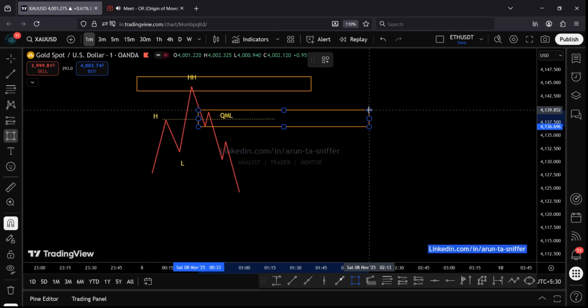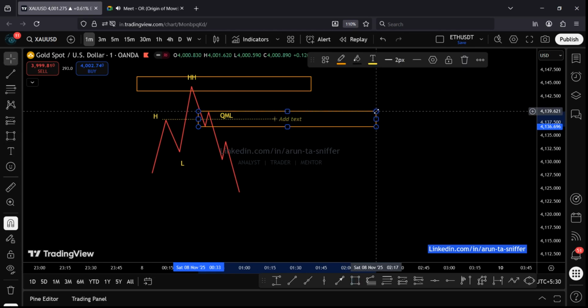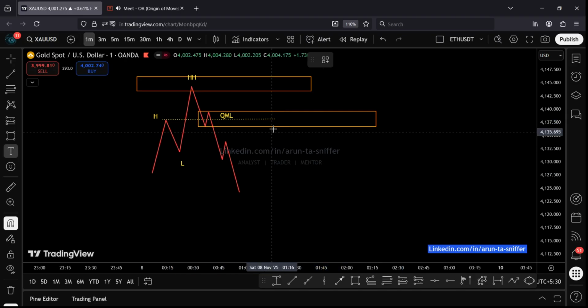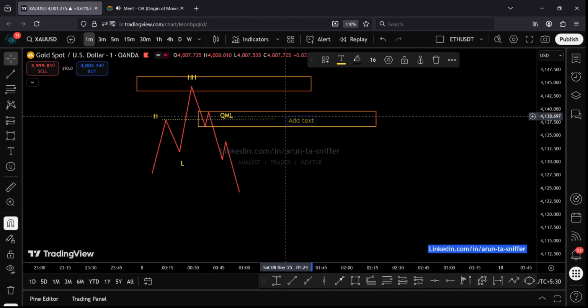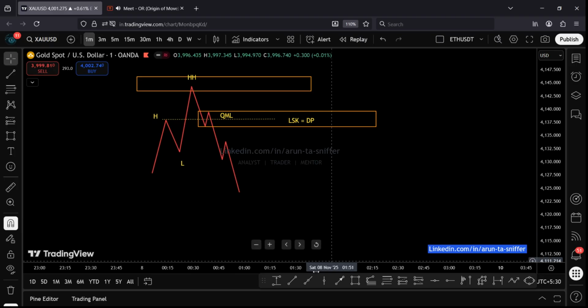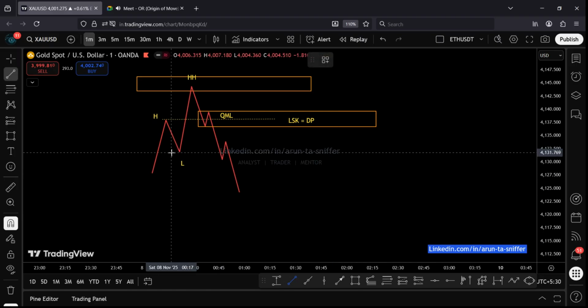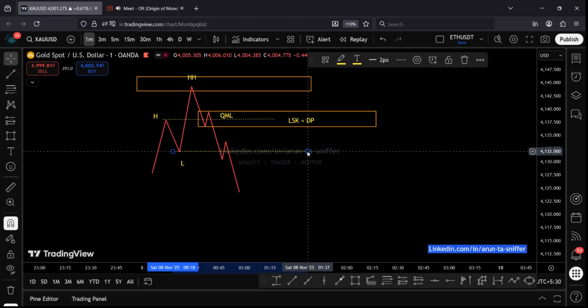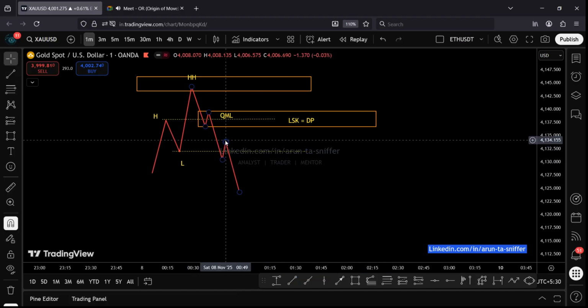And this zone will be called LSK, DP, whatever you can call this. LSK, DP, same thing. And this low level, when price engulfs this low level and makes a pullback like this.